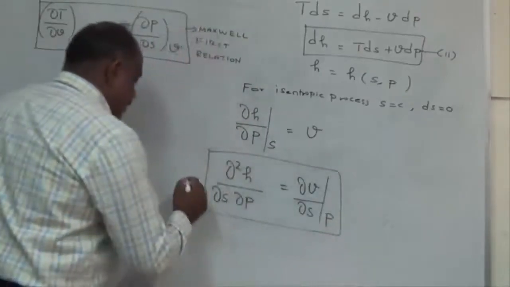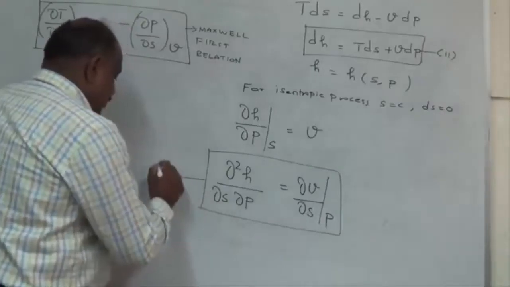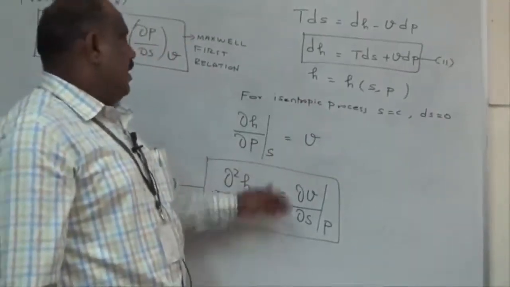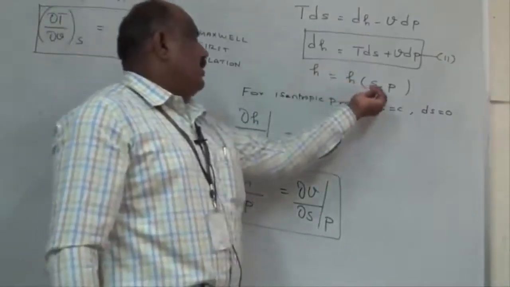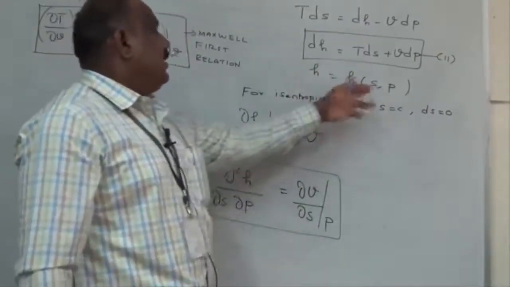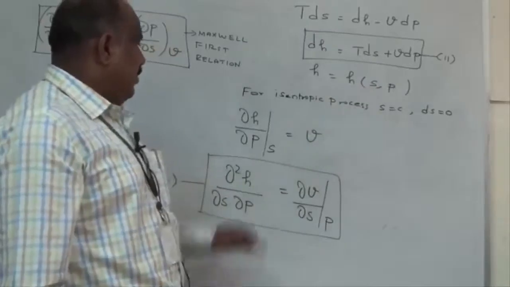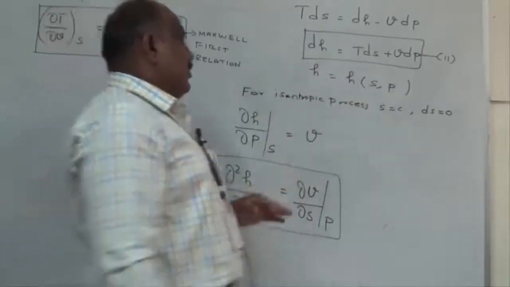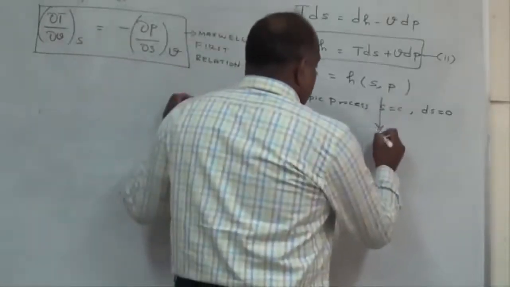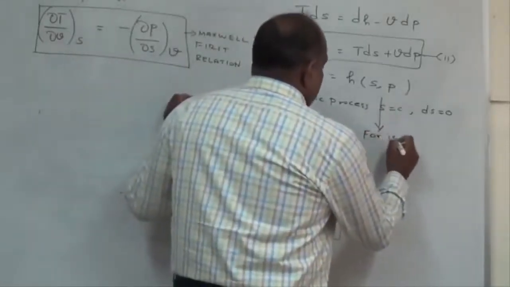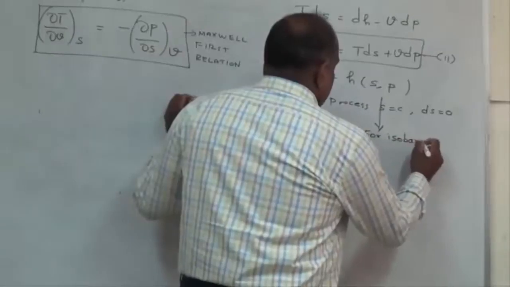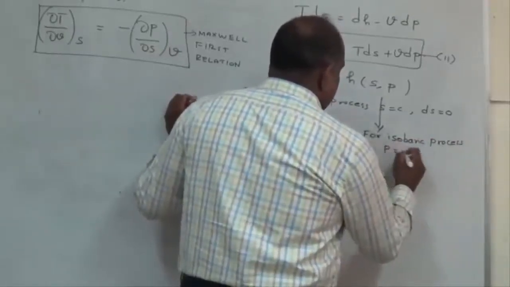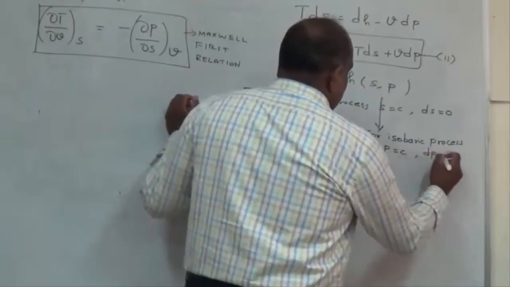Let us call this equation number 12. This is derived by taking the entropy as constant and finding the effect of H on P. Now we are going to do the other way, for an isobaric process. Isobaric means P equal to constant or dP equal to 0.